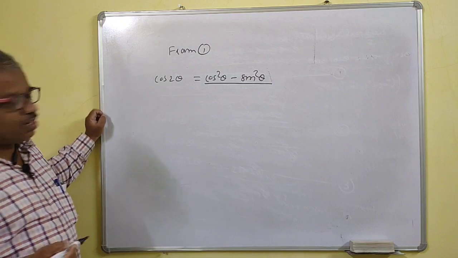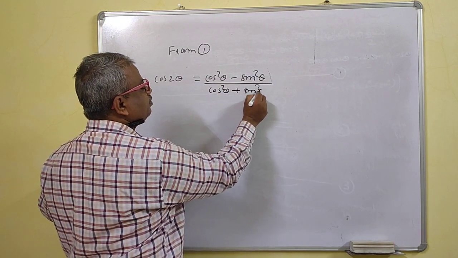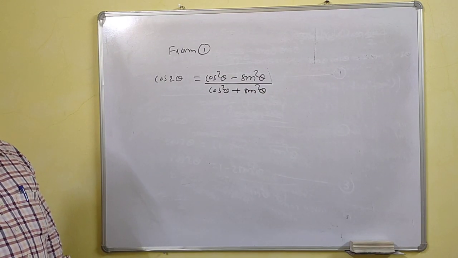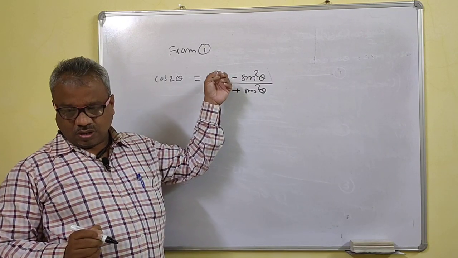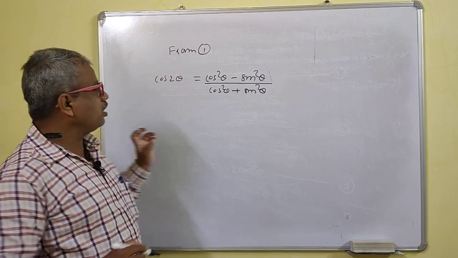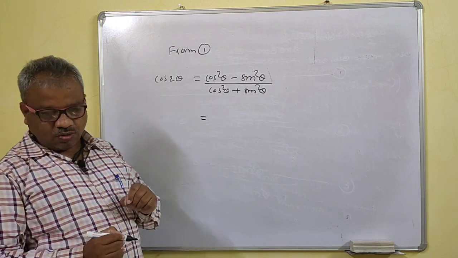We will write 1 as cos square theta plus sin square theta. Now we will divide each term of the numerator and denominator by cos square theta. If you divide both numerator and denominator by cos square theta, what do we get?